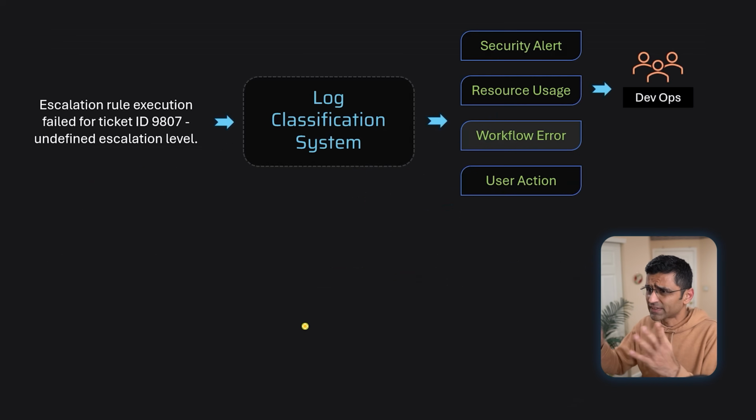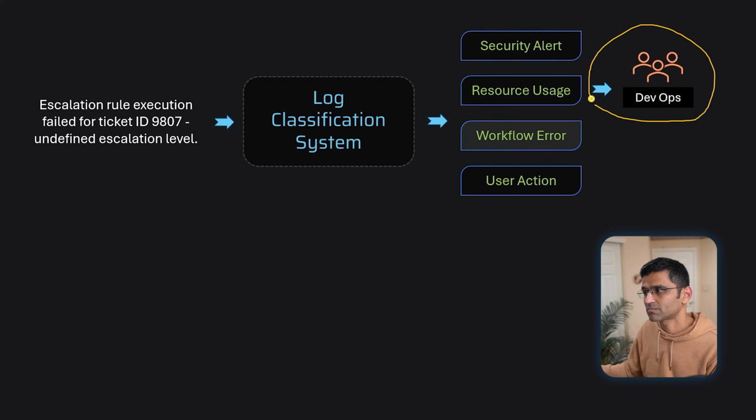Let's say whenever you get some logs under the resource usage category, you can forward those to your DevOps. Maybe you can have a separate dashboard in Splunk which your DevOps team is monitoring. You have this user action functional category that can be used to track your usage of your software and different screens, so that you get an idea of the different actions that users are taking.